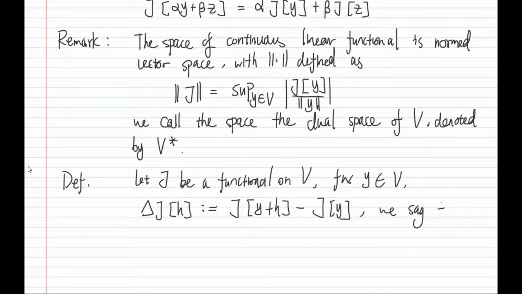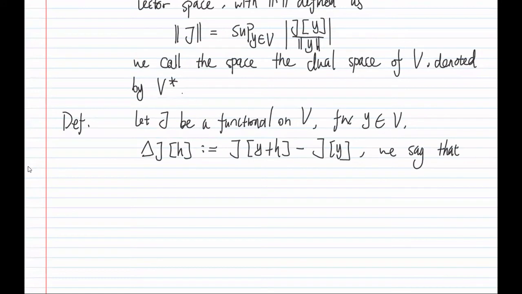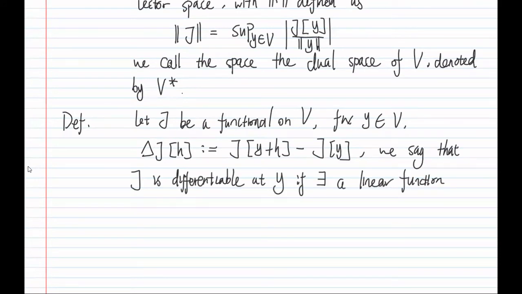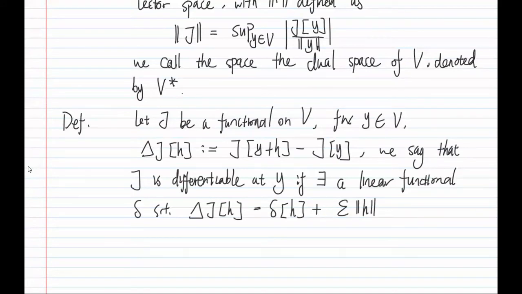And then we say that J is differentiable at y if there exists a linear functional delta such that we can write this capital delta J of h as equal to the linear functional applied to h plus another functional epsilon times the absolute value of h, and we have epsilon go to 0 as the norm of h goes to 0.